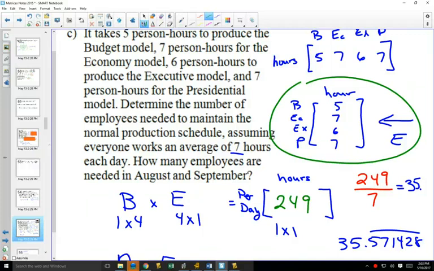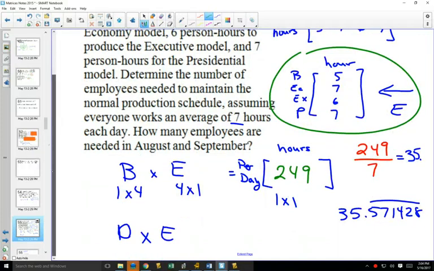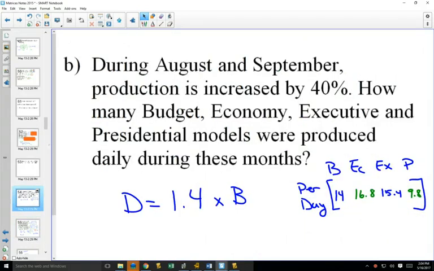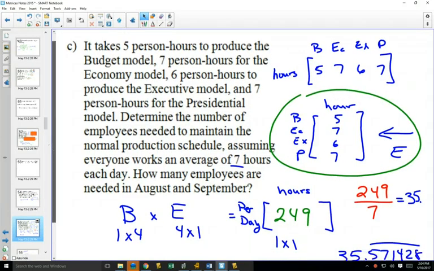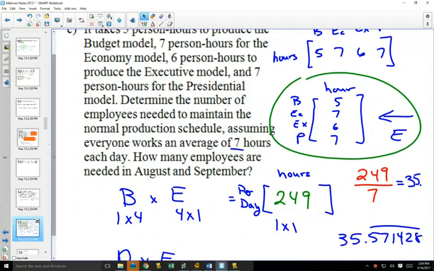Because we figured out you could either take B and multiply it by E, or take D and multiply it by E, because those are our matrices that we found out in the previous question, how many per day you're going to be making, either before or after.